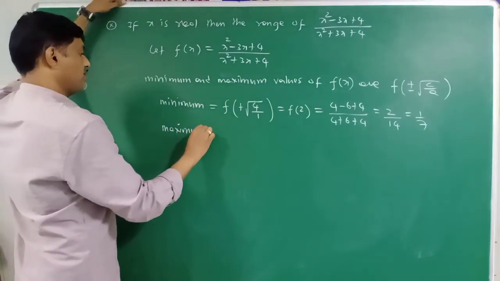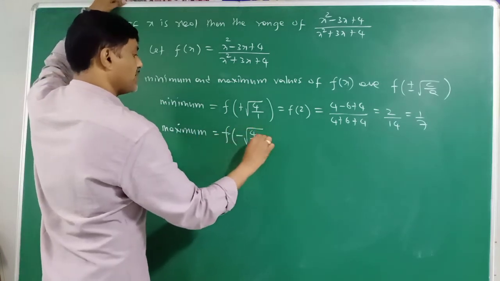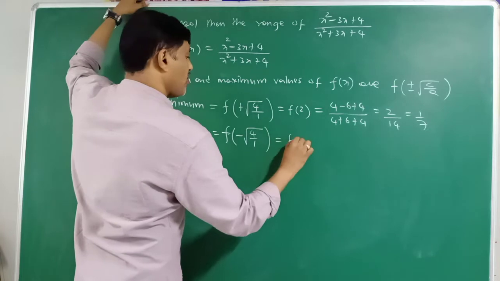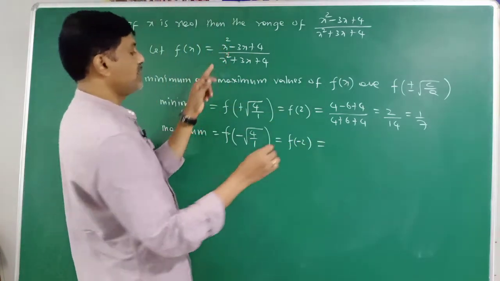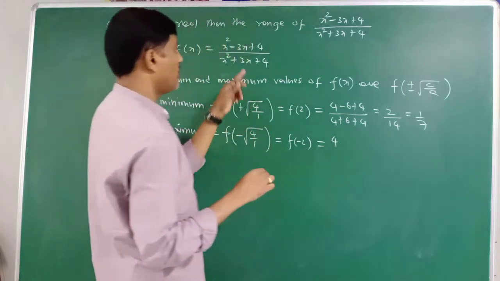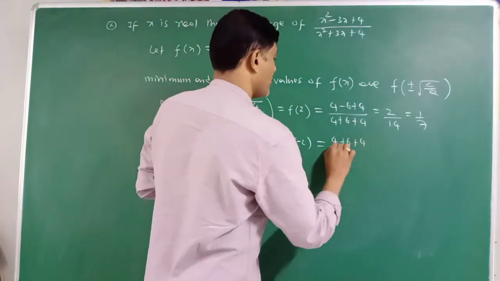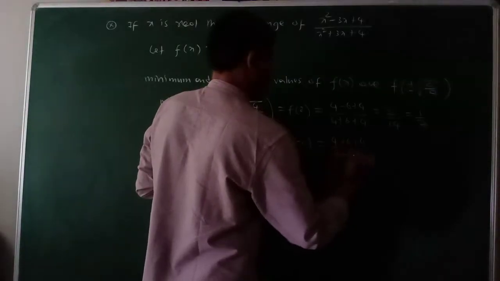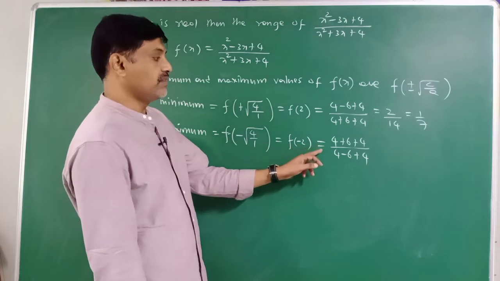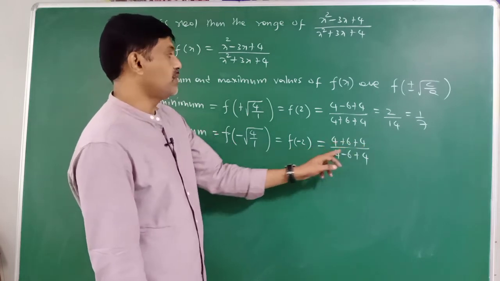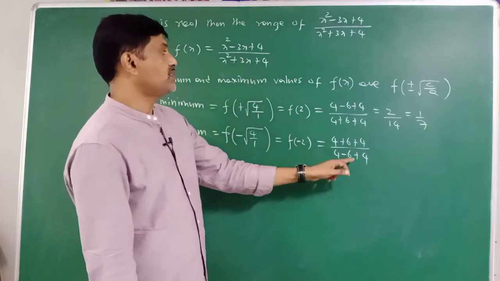The maximum is equal to f(−√(c/a)), that is f(−2). Now substitute −2 here: f(−2) = (4 + 6 + 4)/(4 − 3×(−2)... that is 4 − 6 + 4).